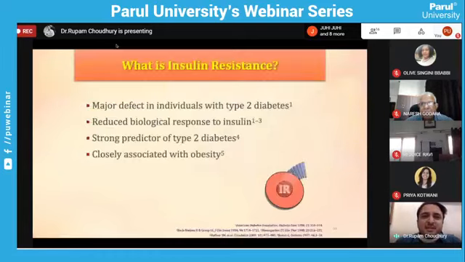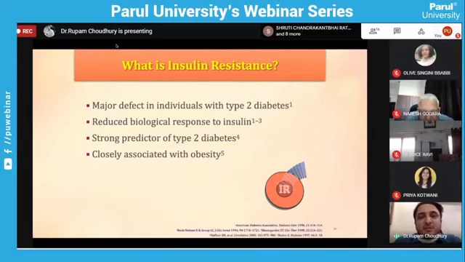So what is insulin resistance? It's a major defect in individuals with type 2 diabetes, a reduced biological response to insulin, a strong predictor of type 2 diabetes, and closely associated with obesity. We have receptors called GLUT2 and GLUT4, where insulin first carries the glucose along, and insulin acts as a key to open the receptors GLUT2 and GLUT4 in peripheral tissues.